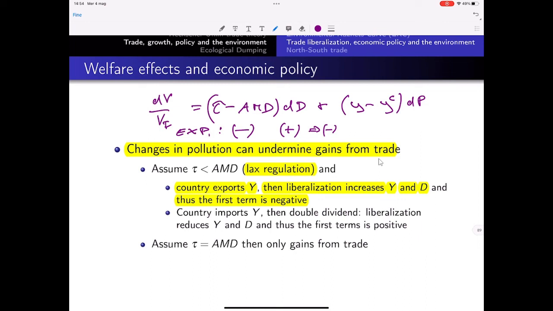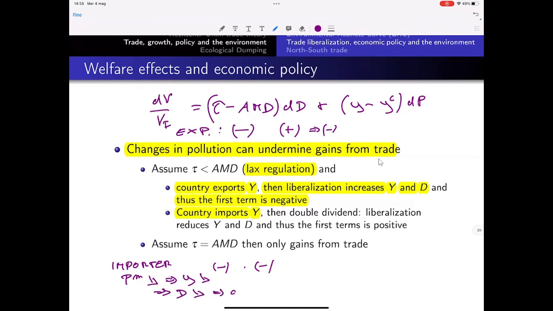Now, the opposite is true for the importer, because for the importer, the first term is still negative, but now the second term is negative as well, because for the importer, pollution goes down. Remember, PM goes down, but this means that production of Y goes down, which means that pollution goes down.